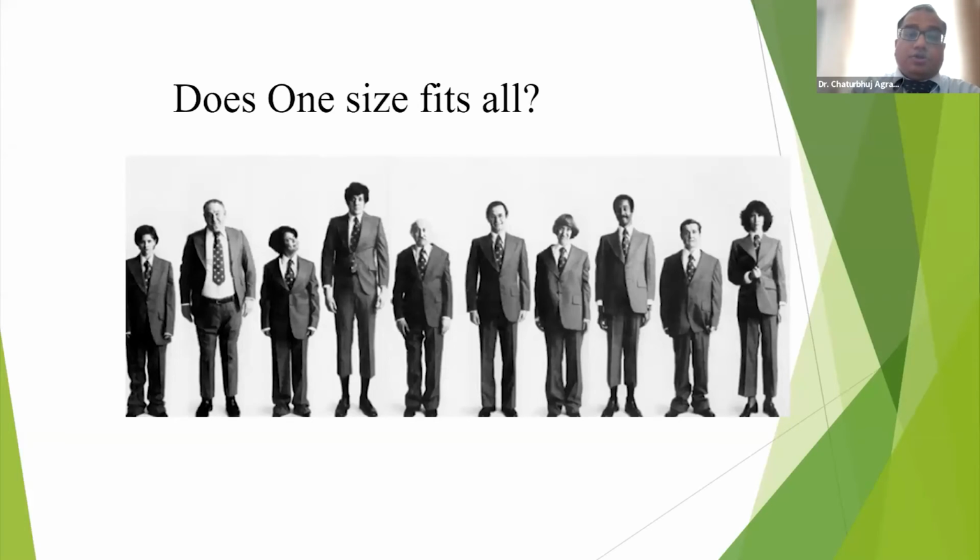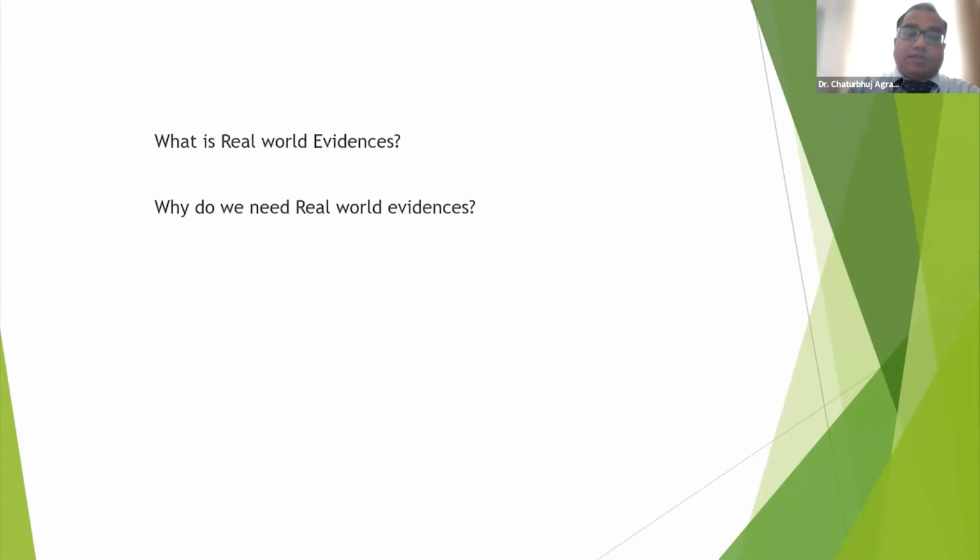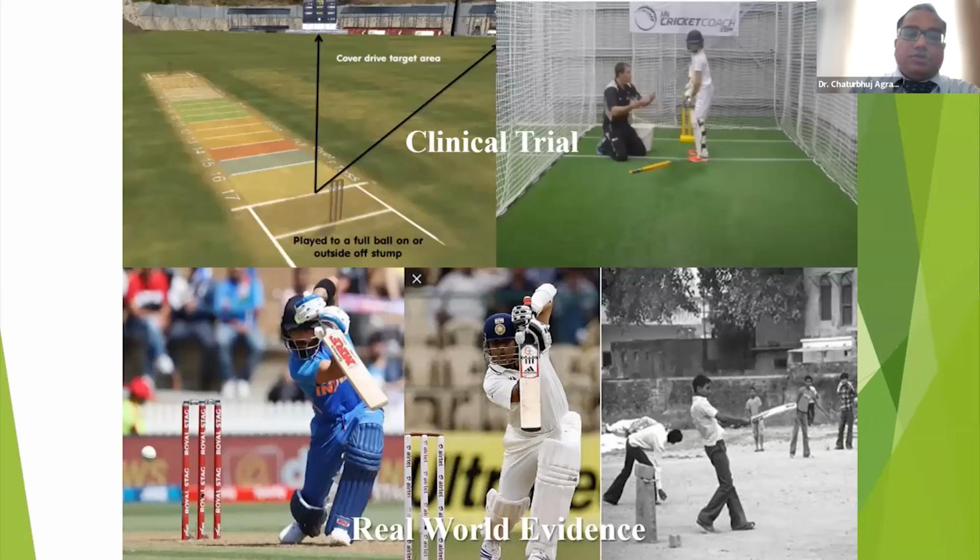The role of real world data comes in when we see the randomized clinical trial and we fit all individuals into one size. When it comes to real world studies, the first question we ask is, does one size fit all? So what is real world evidence, and why do we need it? A clinical trial is a setting where we keep everything ideal. We exclude all unfit individuals, all elderly individuals, and all patients with comorbidities.